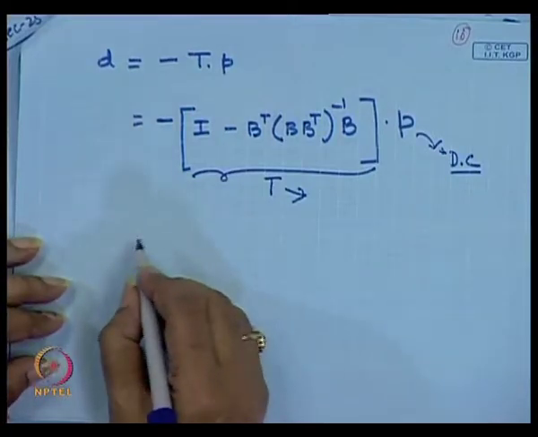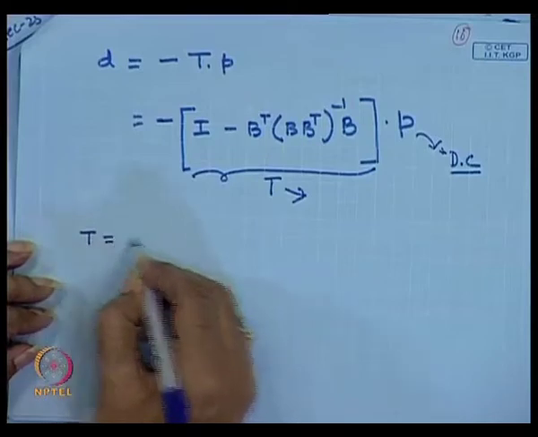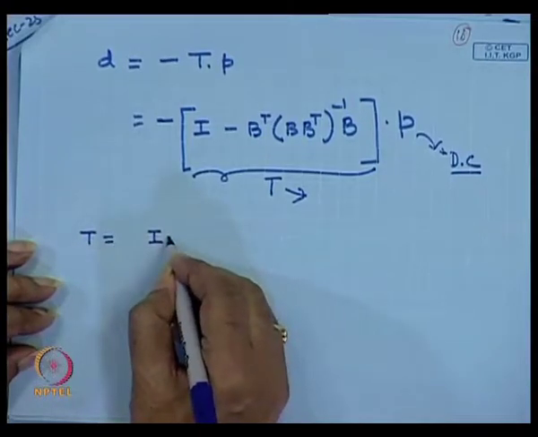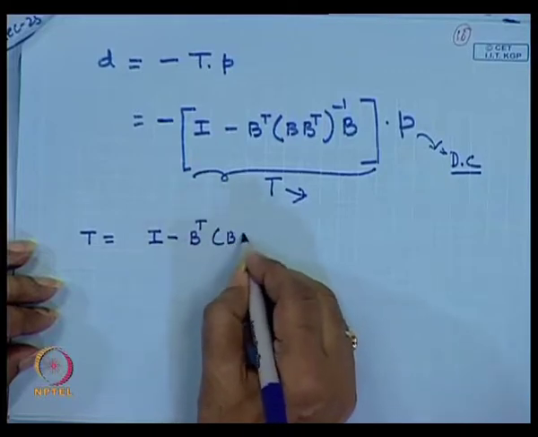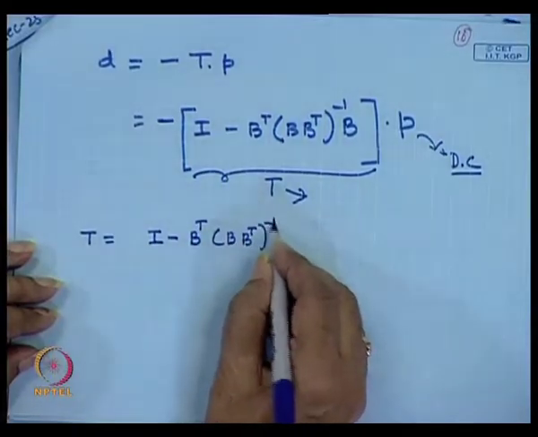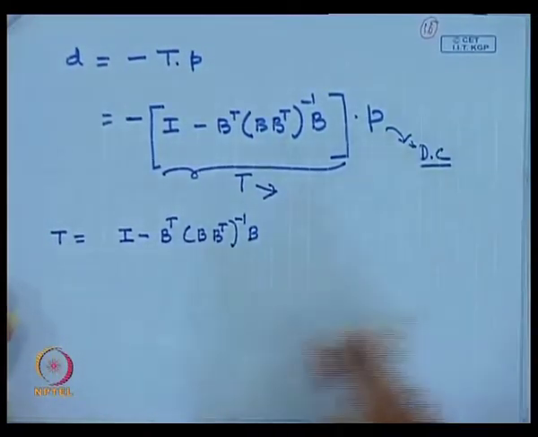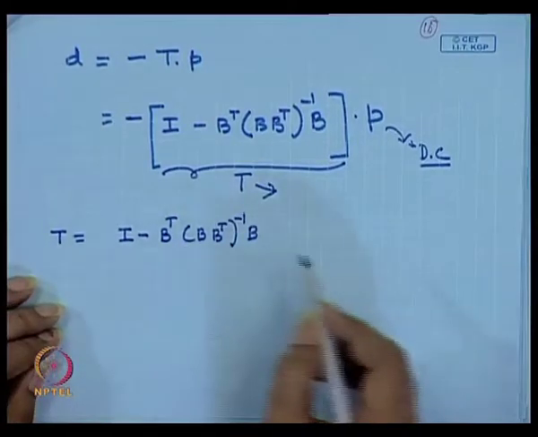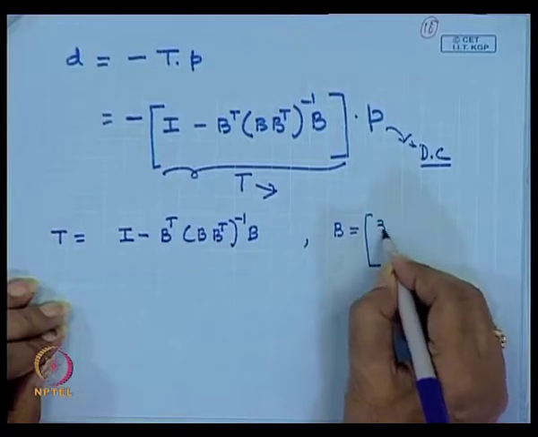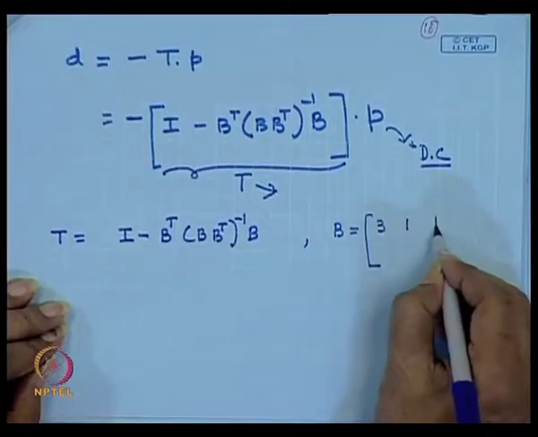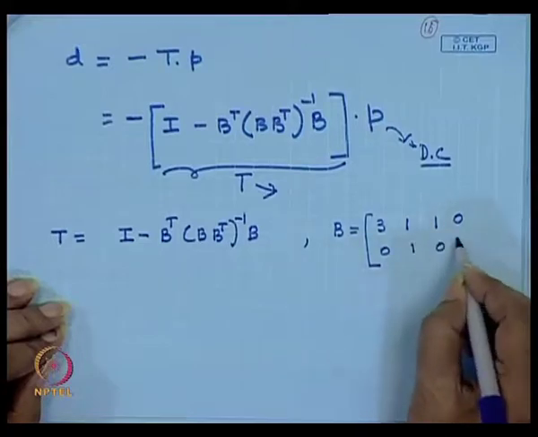First we have to compute T. T is equal to I minus B transpose, B B transpose whole inverse B. This is our T. You know B is what you just computed, 1 3 1 1 0, then 0 1 0 3.